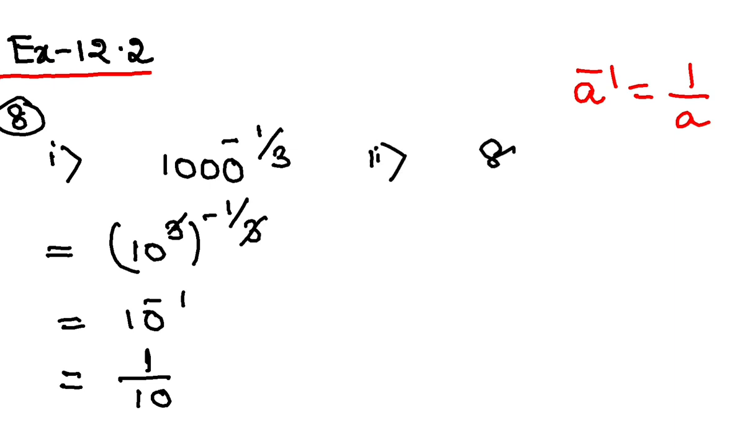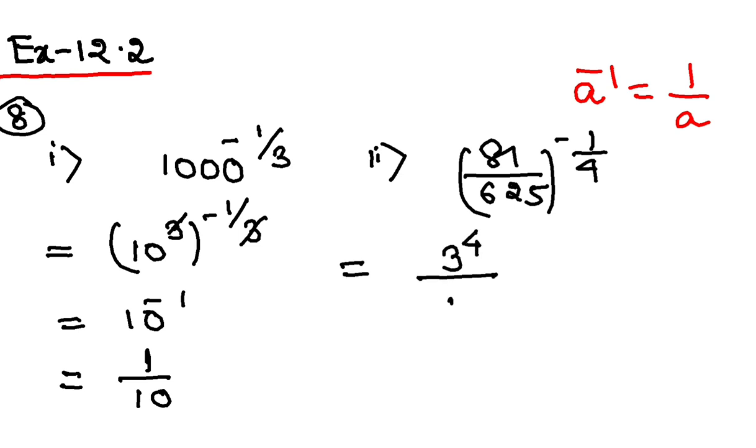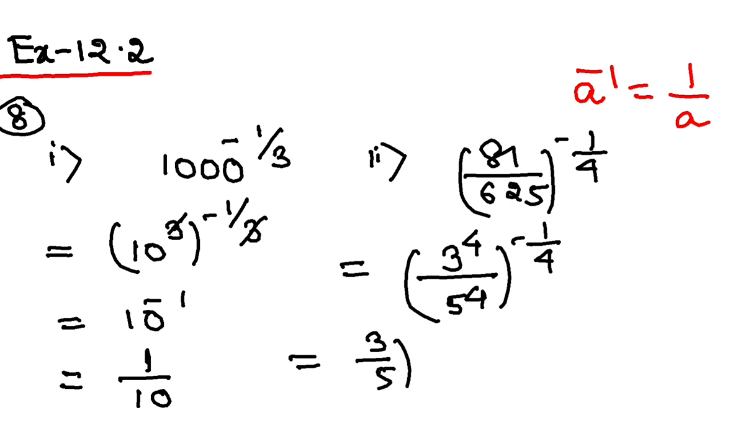Okay, now let's go to question number 2. Question number 2 says 81 by 625 whole to the power minus 1 by 4. Now we know that 81 is 3 to the power 4 and 625 is 5 to the power 4, whole to the power minus 1 by 4. This can be further written as 3 by 5 whole to the power 4, again whole to the power minus 1 by 4. This 4 and 4 cancel.